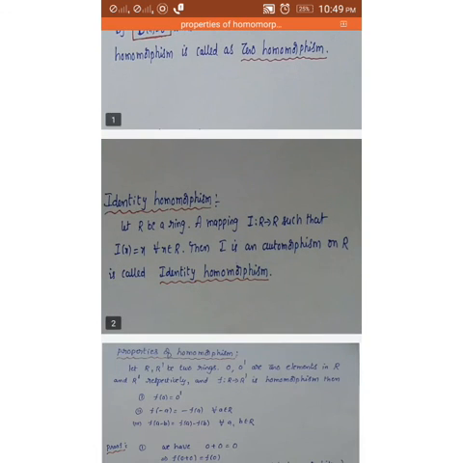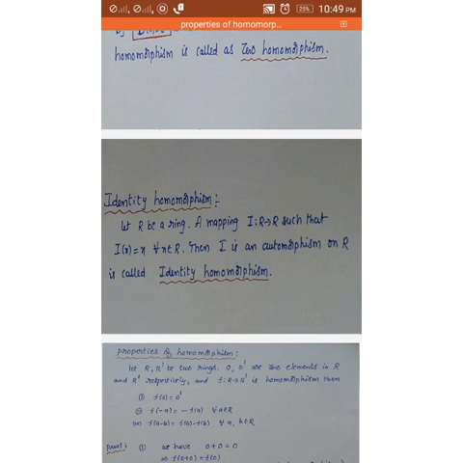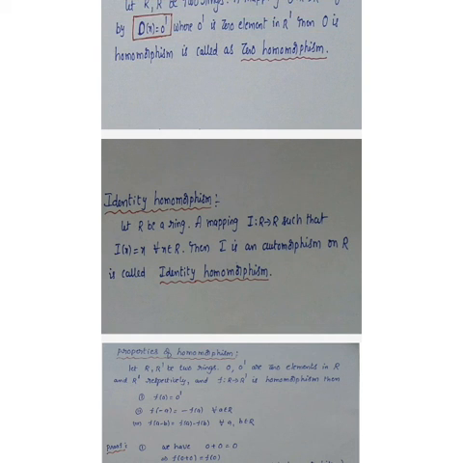Then we go for identity homomorphism. The definition of identity homomorphism: a mapping I from R to R, such that I(x) = x for all x belongs to R, is called the identity homomorphism.